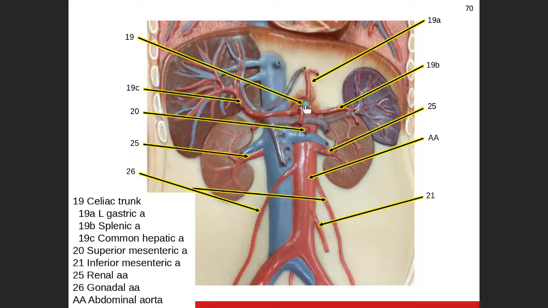Then it branches into 3 branches here, okay? You've got the left gastric coming up here. That's going to head towards the stomach. Then you've got the splenic, which goes right out here towards the spleen, all right? And then you're going to have your common hepatic artery coming right here.